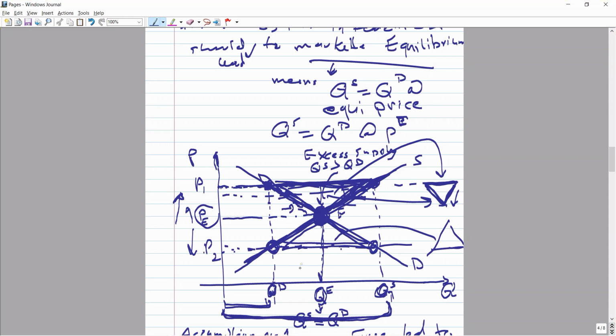In this case, quantity supplied is less than quantity demanded. Consumers will find that when they go to the market, they want to buy a lot, but in fact the market doesn't have that many products offered by the suppliers.